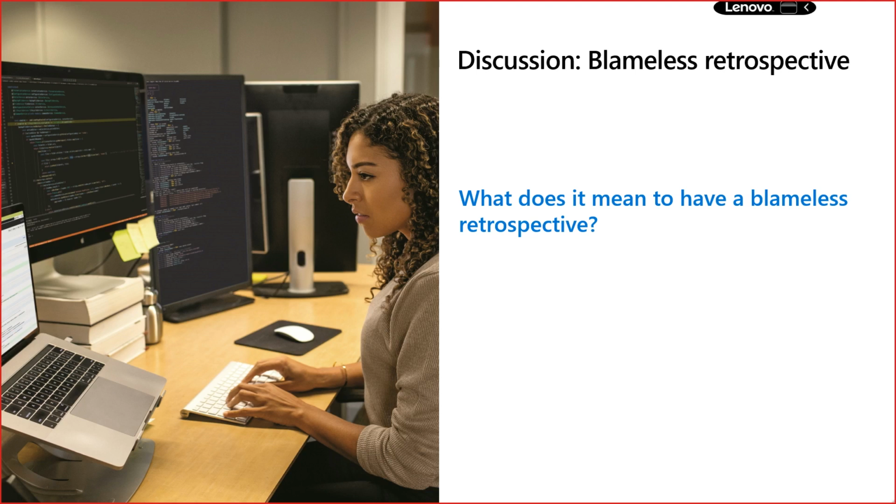Then you have a team meeting within the team, where your project manager, your architect, your BAs, your testing team, your scrum master, your developer, everyone has to sit together, and you have to say what went well previously in this sprint, what did not go well, and how to improve going further. So that's what you always have to discuss, something called a blameless retrospective.